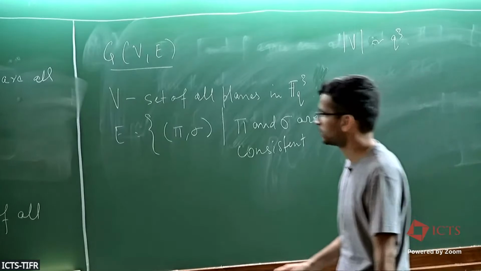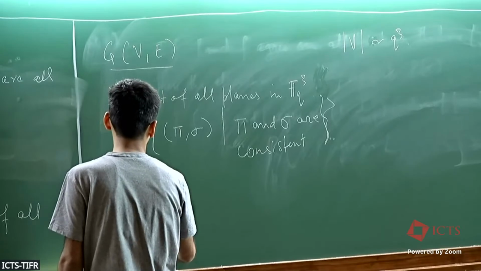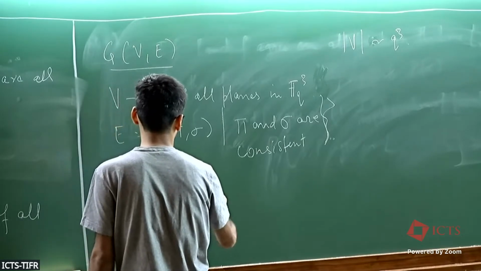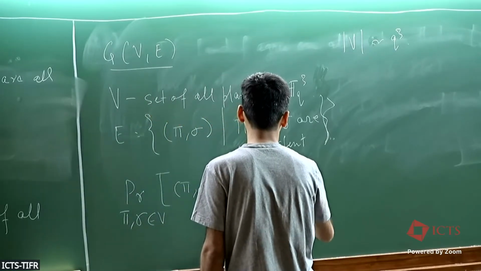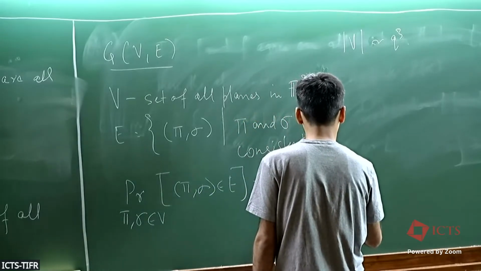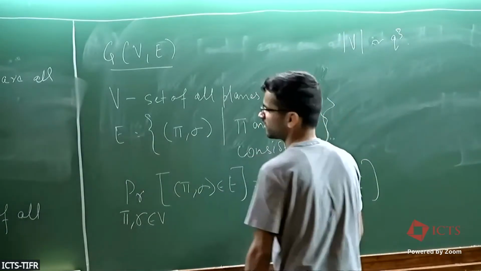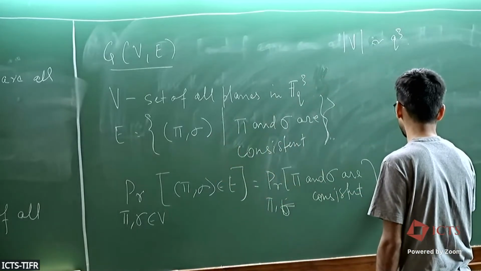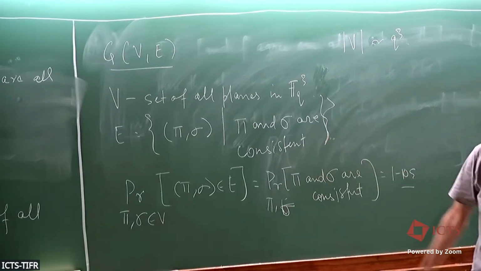The probability over pi, sigma in V that pi sigma is an edge is the same as the probability that pi and sigma are consistent, and this we have argued is roughly 1 minus 10 epsilon. So this graph on average has a very high degree. Most of the edges that could have been there are there. Okay, so I claim that this graph has a large clique.